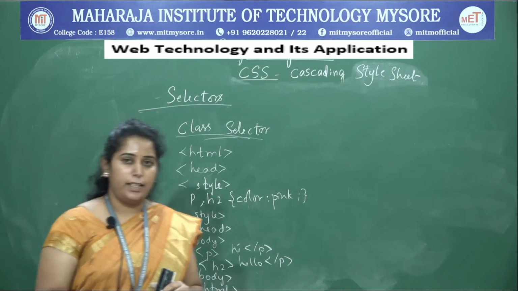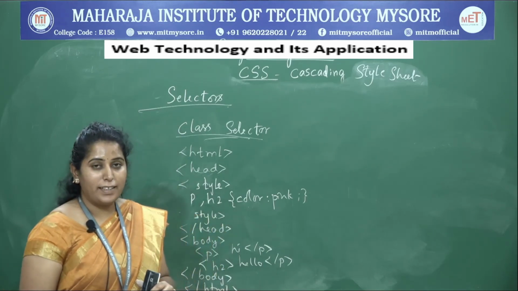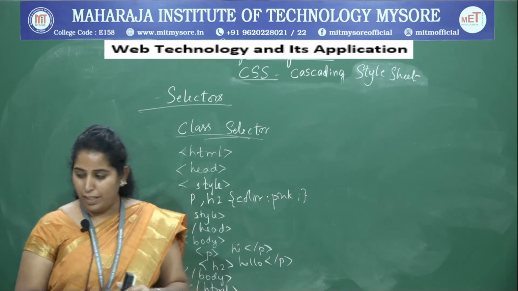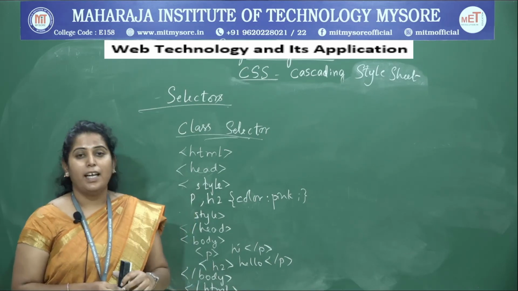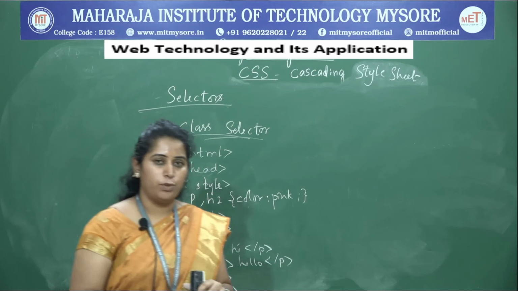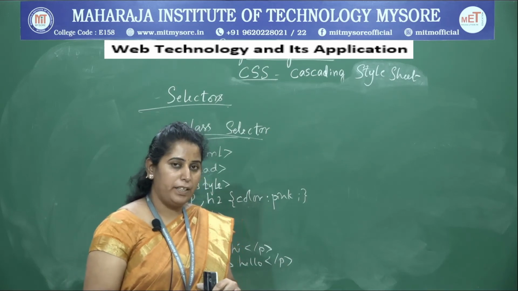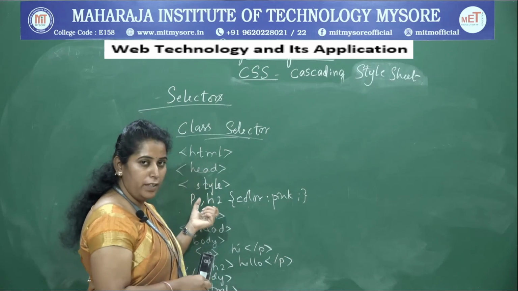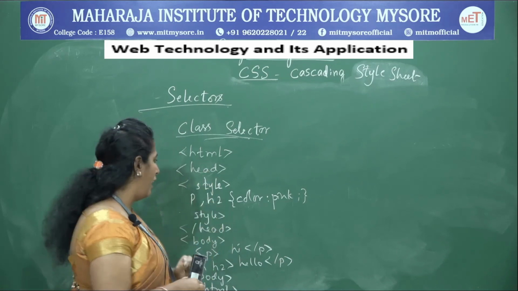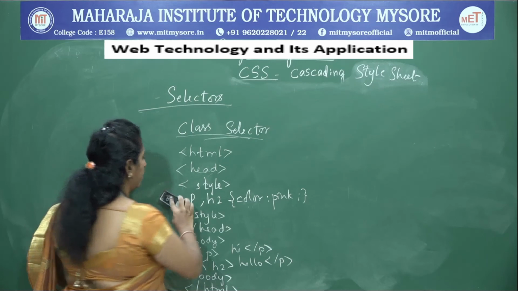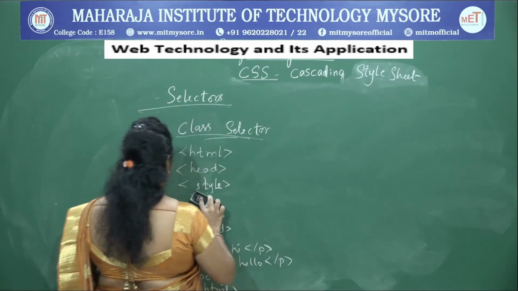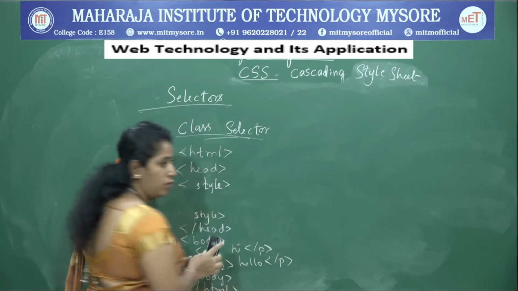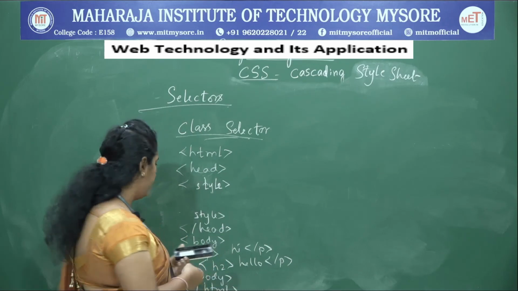It selects HTML elements with the respective class attribute. Again I will repeat, it selects HTML elements with the respective class attribute. How? I have to take an example, then only you can understand it easily.